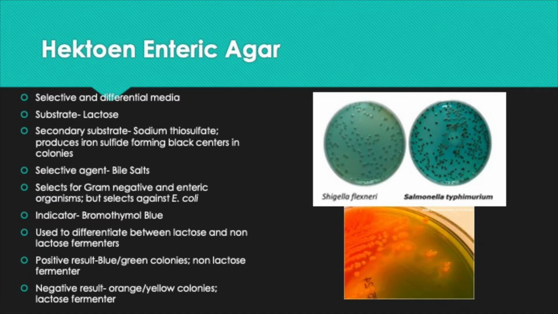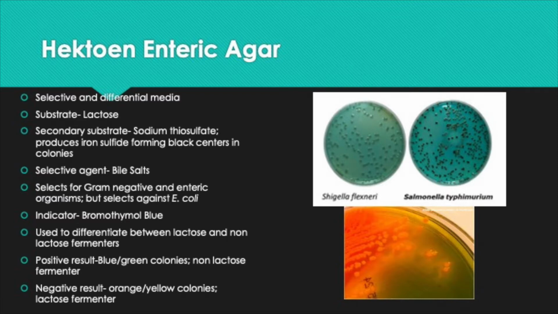So gram-positives are not going to grow on this because we are looking for enteric bacteria, which are gram-negatives, most of them. So the bile salt selects against gram-positives, but HEA is different than the others because E. coli is not going to grow on HEA.